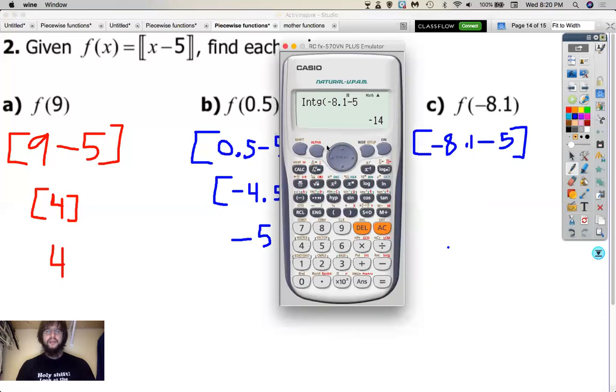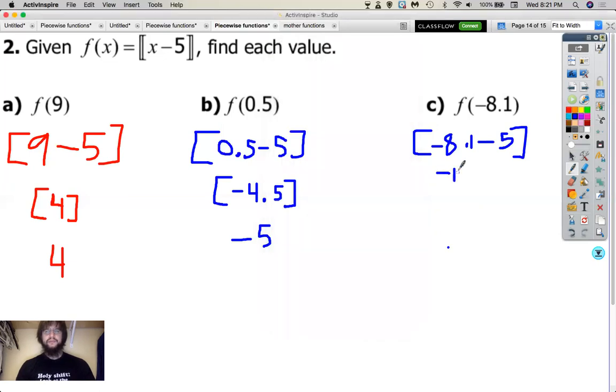Okay. Let's see why that is. Get that, which is -13.1. I can't stand drawing those double brackets every time. So it's got to go to the left. It's negative. So the next number to the left is -14. There it is. Done.